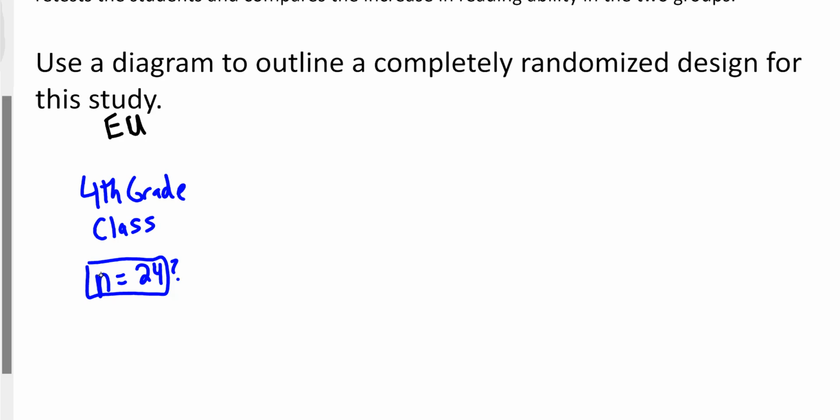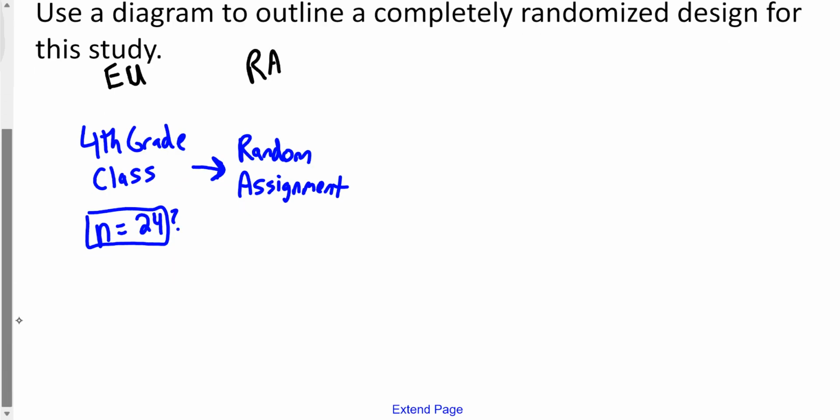So now, our next step is to use a random process. This is random assignment. And so that's our second part, our random assignment here is going to be listed below, so I can keep going with my diagram, but I am going to make sure I do that.